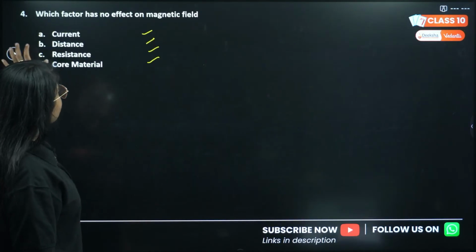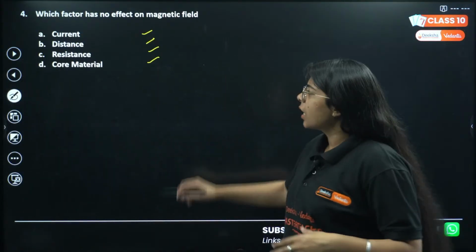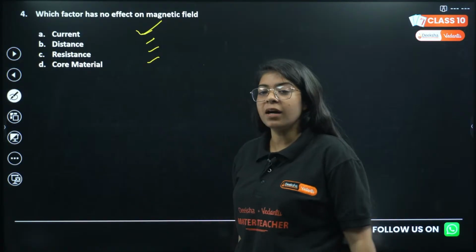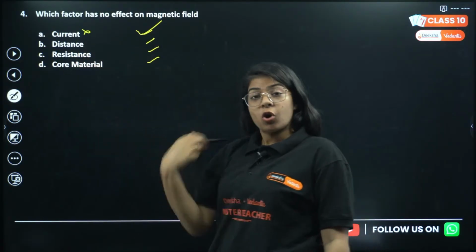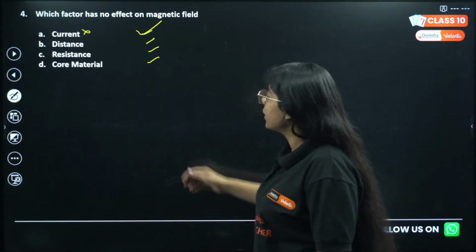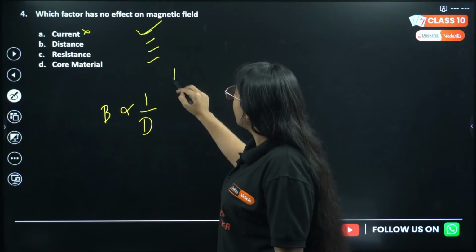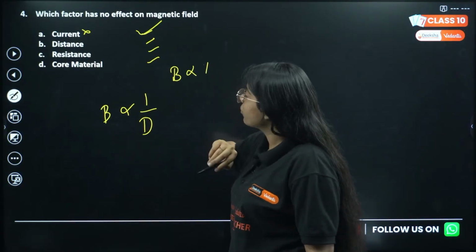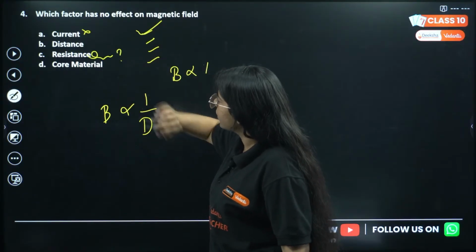Which of these factors does not affect the magnetic field? Current definitely affects the magnetic field, so current is not the answer. Distance also definitely affects the magnetic field. It is inversely proportional to the strength of the magnetic field. Current is directly proportional to the strength of the magnetic field. Resistance, however, is questionable.